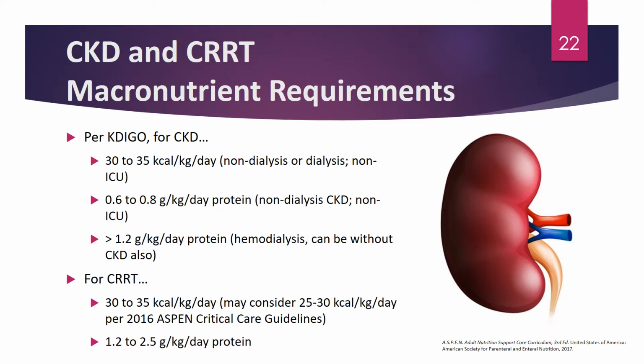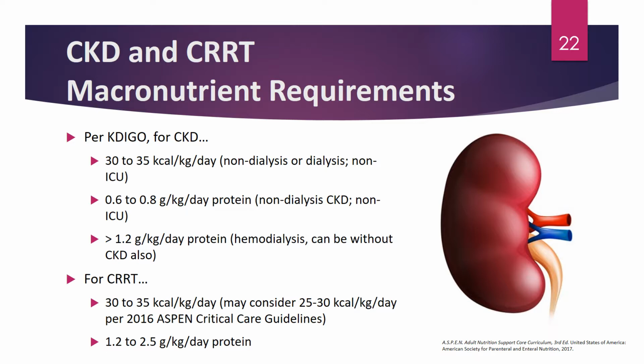In patients who are not yet on dialysis but have chronic kidney disease of some staging, we don't want to push those patients toward developing kidney disease later on. Protein is one thing that actually causes renal disease to get exacerbated. The higher amount of protein that you give, the worse you can make kidney disease.